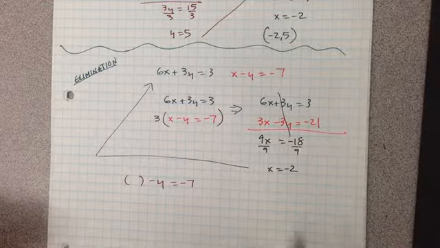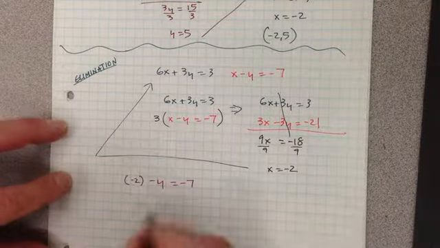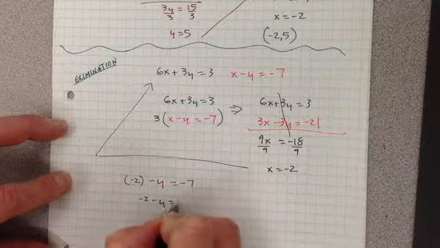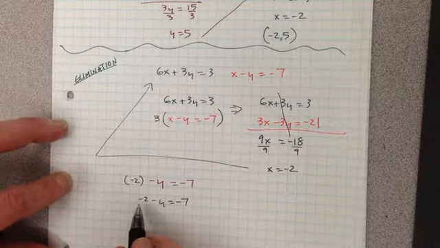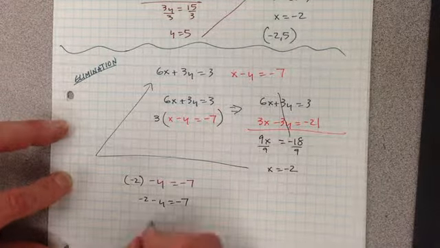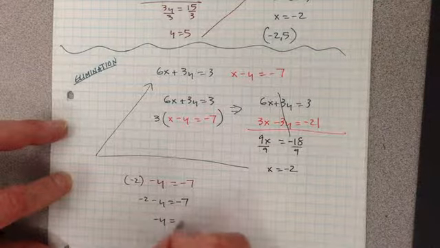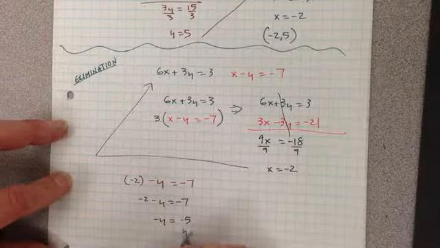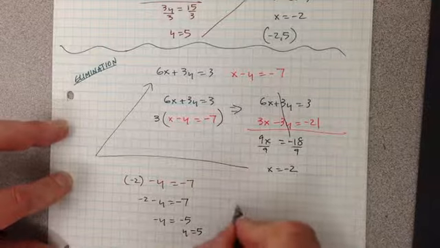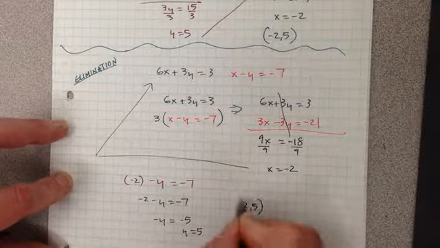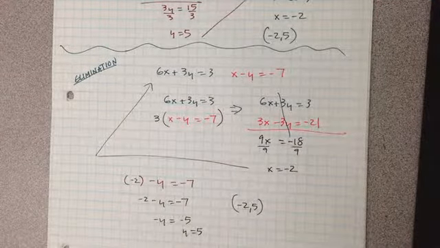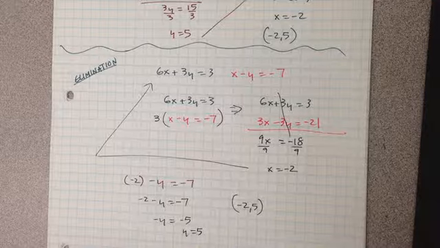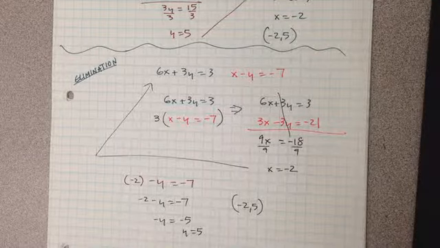In this case, x is negative 2. Negative 2 minus y equals negative 7. If I add 2 to both sides, I get negative y equals negative 5. Y equals 5. Solution, (negative 2, 5). Same thing that we reached previously. They are all the same system in a different form.